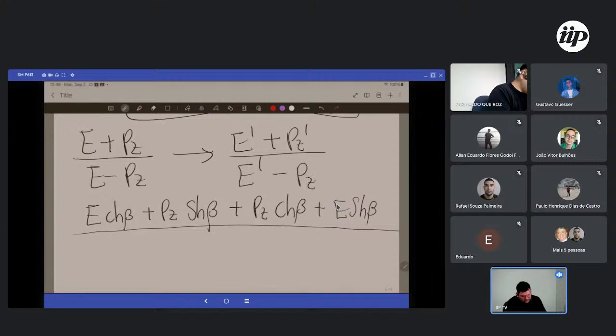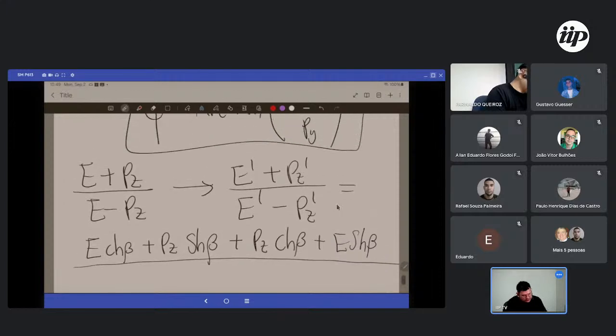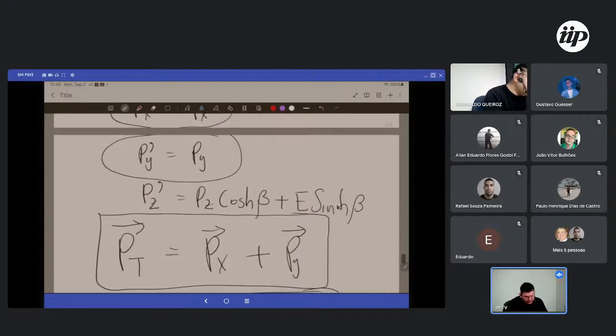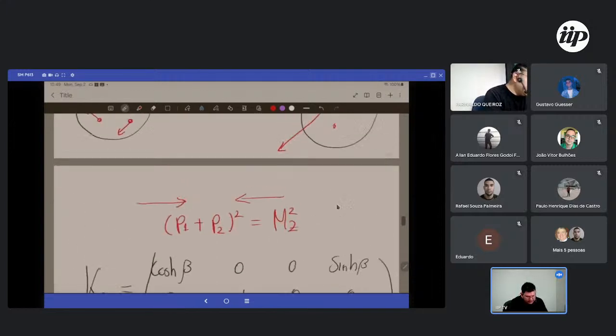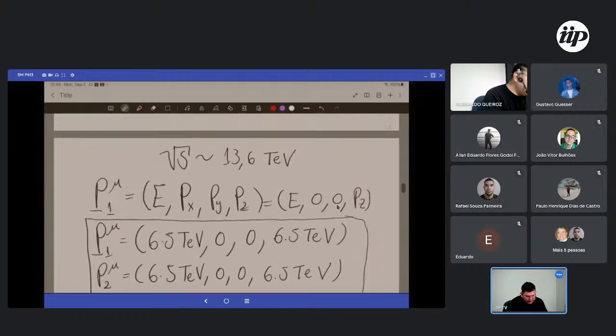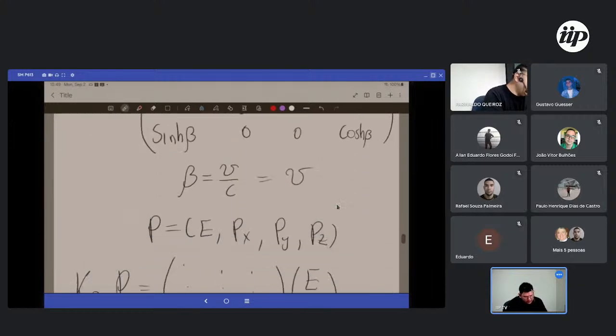The step that I did here was to substitute the relations that I found here, after the transformation.